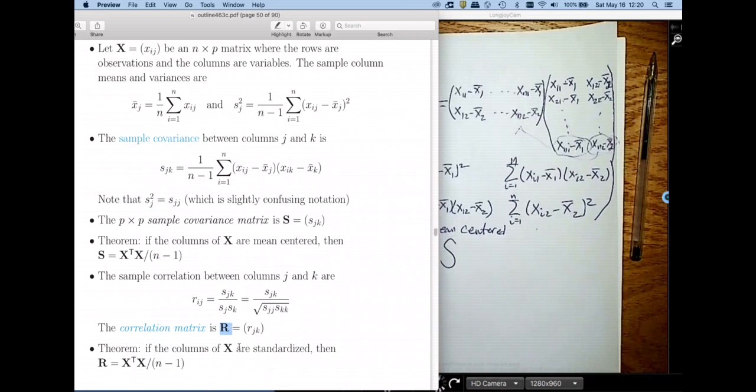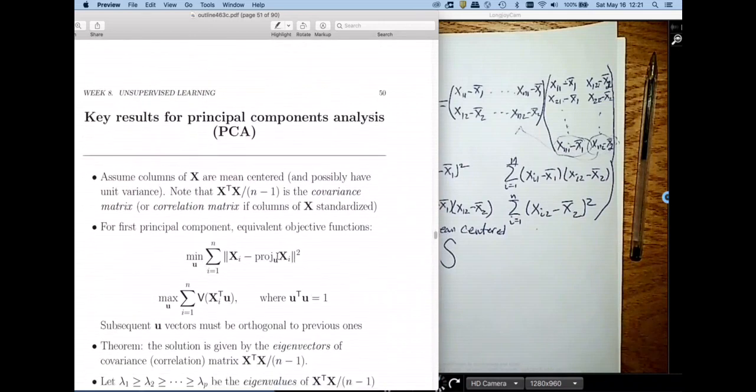Sample is R. So the theorem is, if I had columns that are standardized, where I've divided by these standard deviations, then if I take X transpose X, divide by n minus 1, I get the correlation matrix. Okay, so let's summarize the big idea here. Mean-centered X's give me the covariance matrix. Standardized X's give me the correlation matrix.